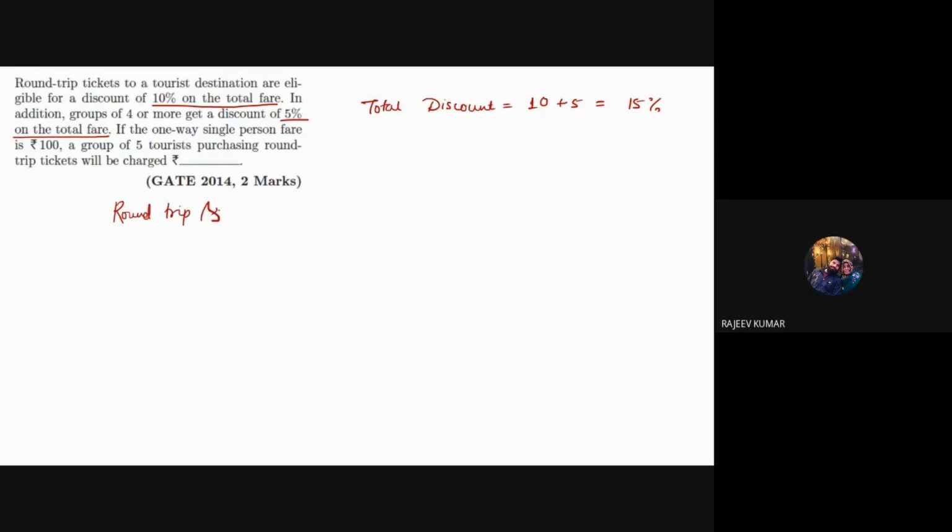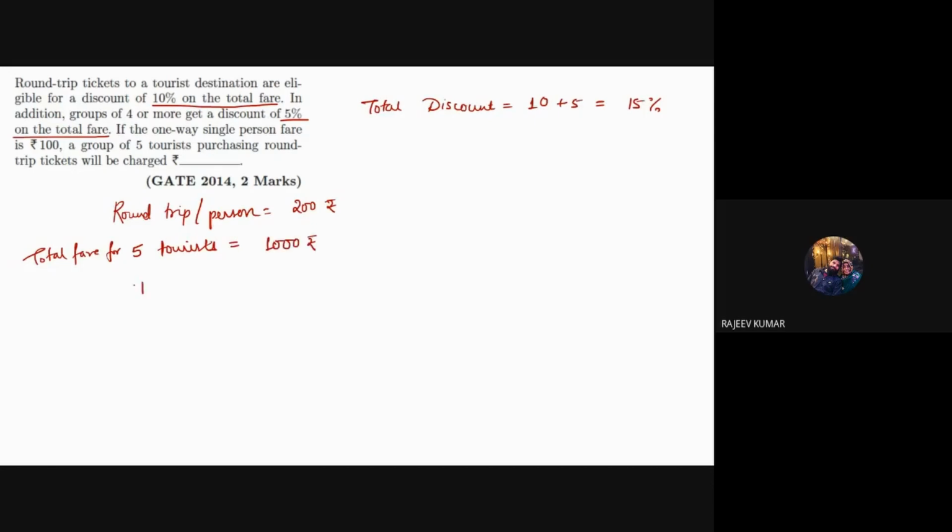Round trip per person is equal to 200 rupees. Further, if you talk about five tourists, the total fare for five tourists will be 1000. Right.